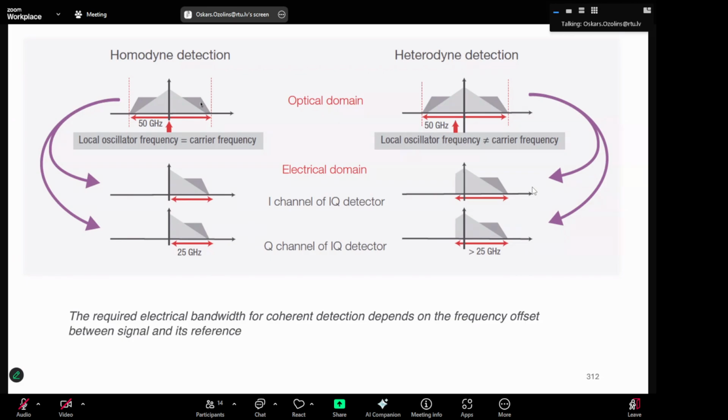They have the same frequency. It's very difficult to achieve with two independent lasers. You need to do some injection locking or something, because there is frequency noise and phase noise in every oscillator.